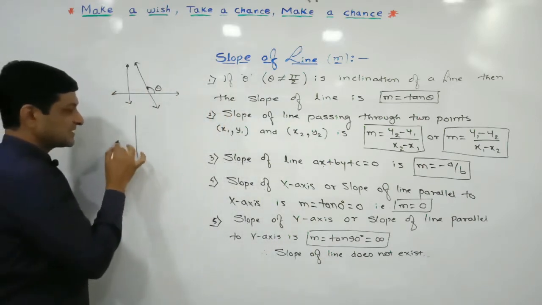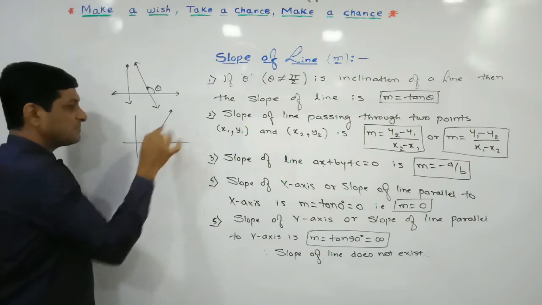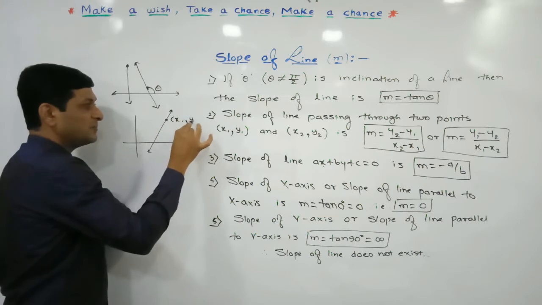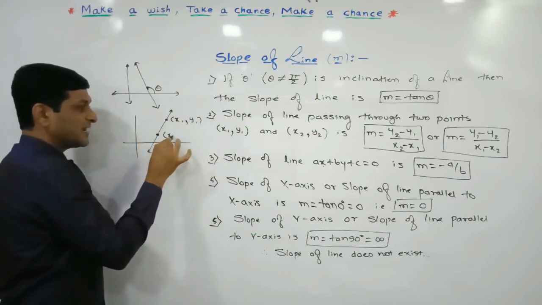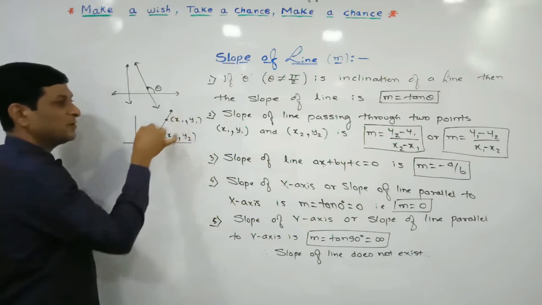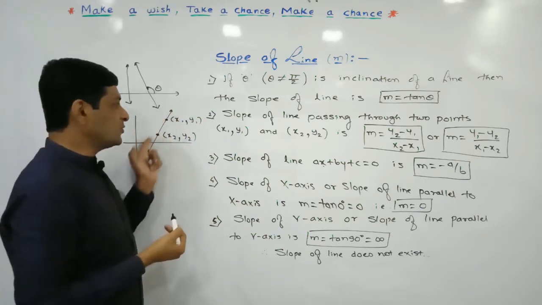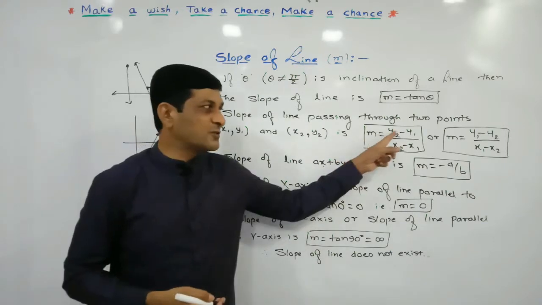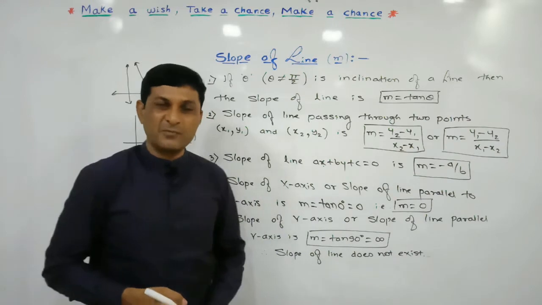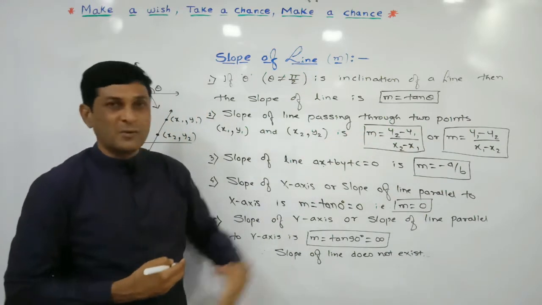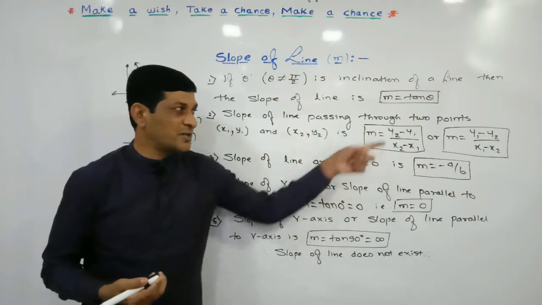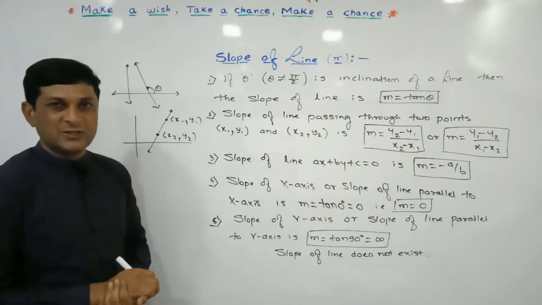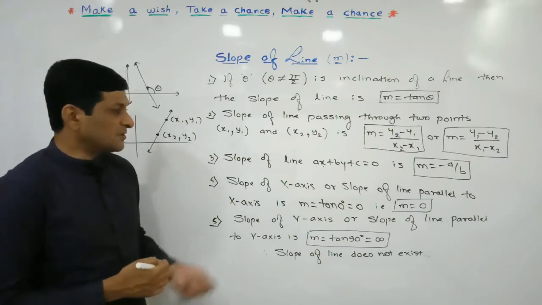Let us consider one line, and this line passes through 2 points. Let the first point on the line be (x1, y1) and the second point be (x2, y2). If the coordinates of 2 points on the line are known, then the slope of this line can be found by applying the formula m is equal to y2 minus y1 upon x2 minus x1, or m is equal to y1 minus y2 upon x1 minus x2. In short, in the numerator we take the subtraction of y coordinates, and in the denominator we take the subtraction of x coordinates.